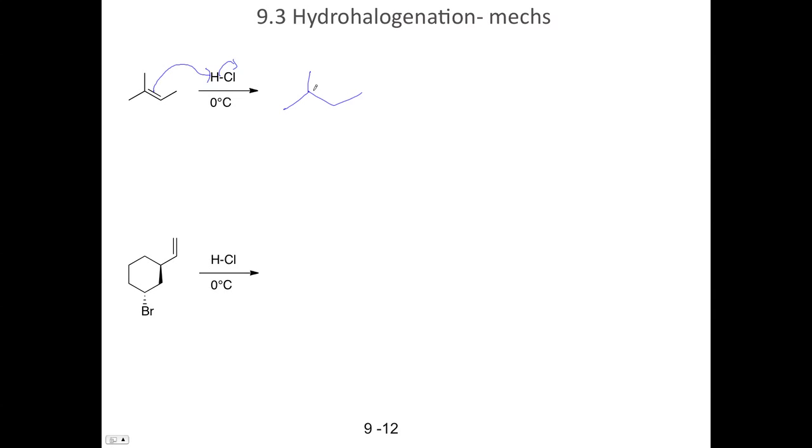If you said secondary position here, go and get yourself another cup of coffee. It's maybe not your time to think about this right now. But if you said tertiary, woohoo, you're all about this. Good job. Okay?